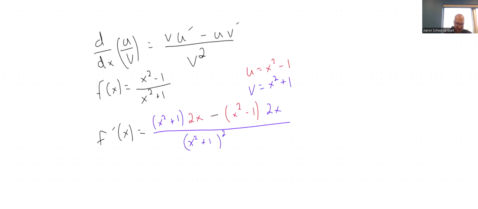You do have to multiply these out. The two negatives are going to be a plus 2x here.